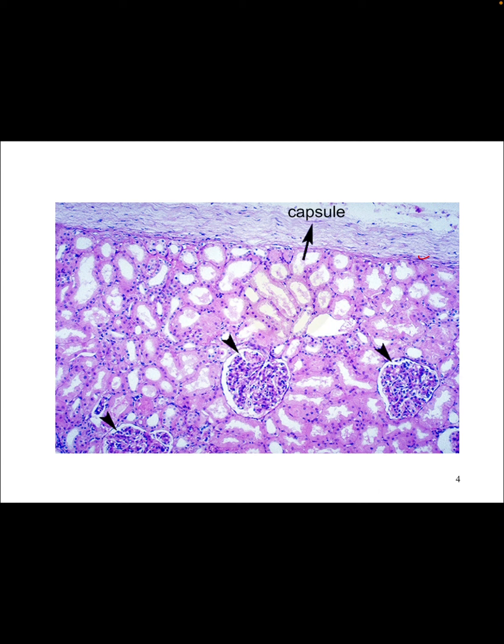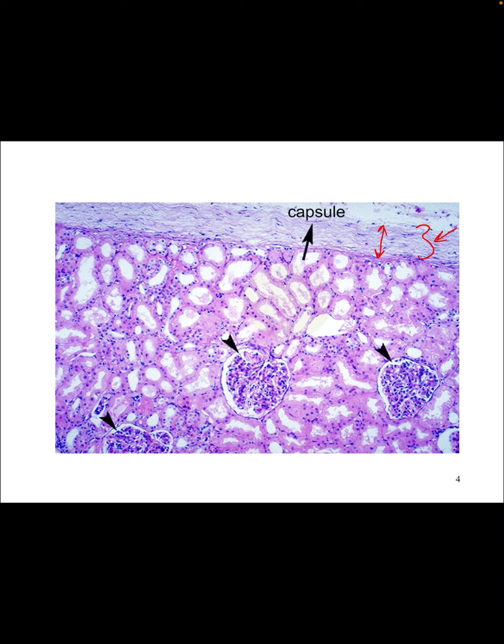So this is the capsule. As I said, it's dense irregular connective tissue. Sometimes it may contain smooth muscles. As I said, this is very strong.